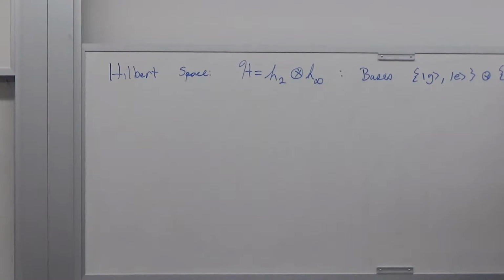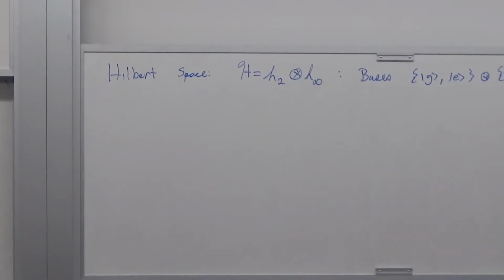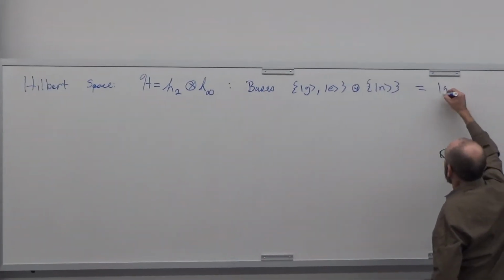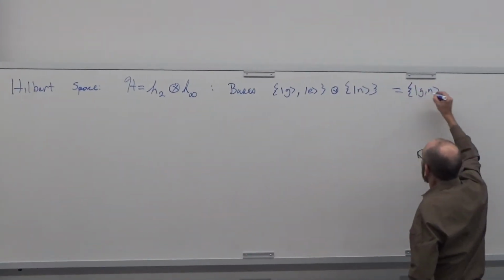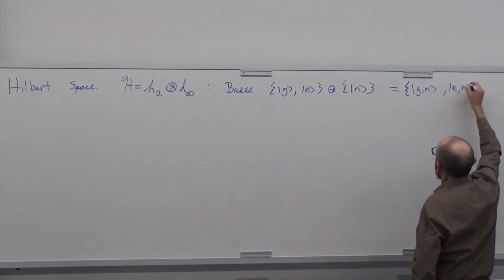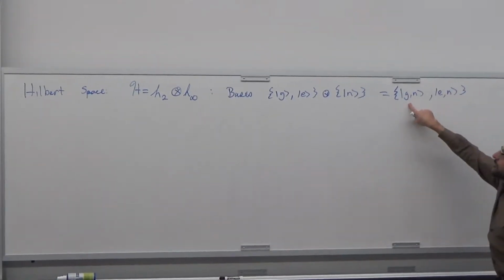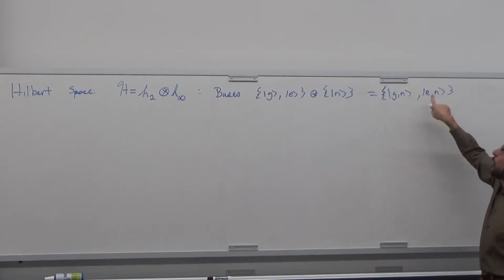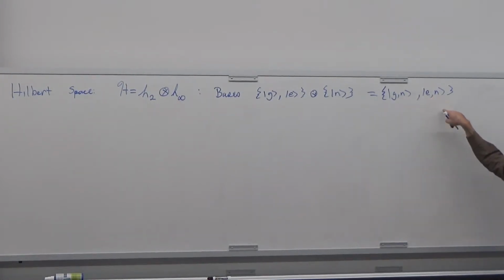That's a good basis, right? So we typically write that like this, where this, of course, is just a product state, atom in the ground state, and photons in the cavity in the mode, or atom in the excited state, and then photons in the cavity.